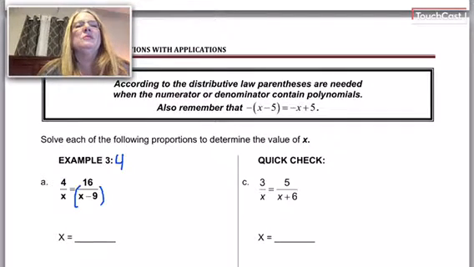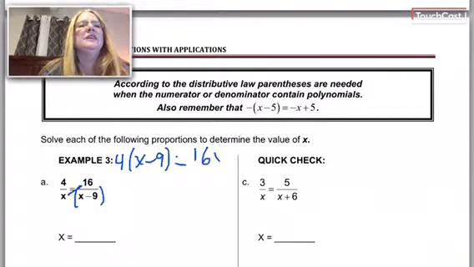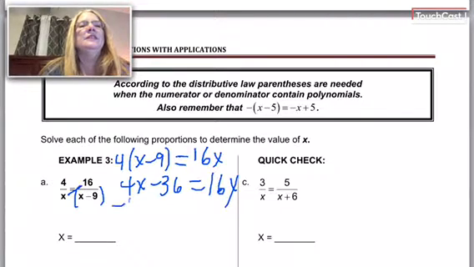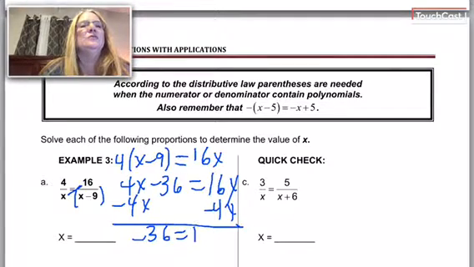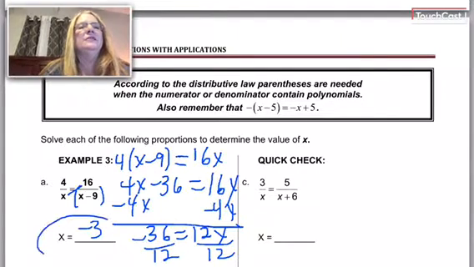We're going to cross multiply. 4 times x minus 9 is equal to 16 times x. And then you just have to be sure and distribute. So we get 4x minus 36 is equal to 16x. And then it's just an algebra problem from here. You get negative 36 is equal to 12x. Divide both sides by 12. And x is equal to negative 3.